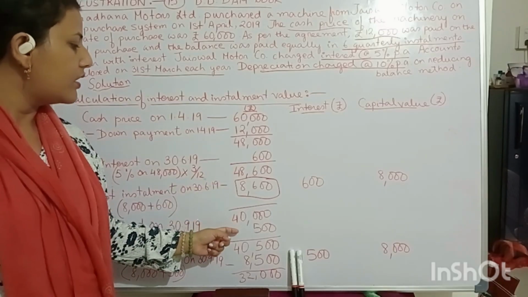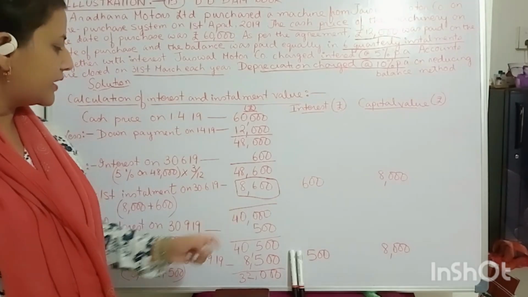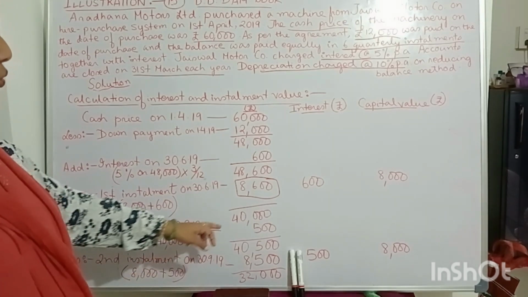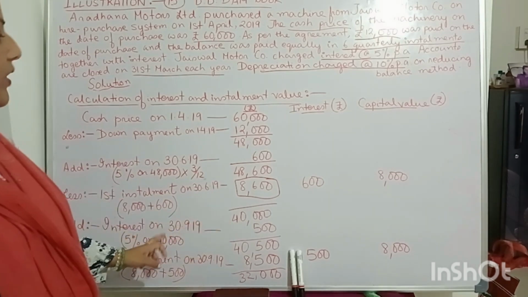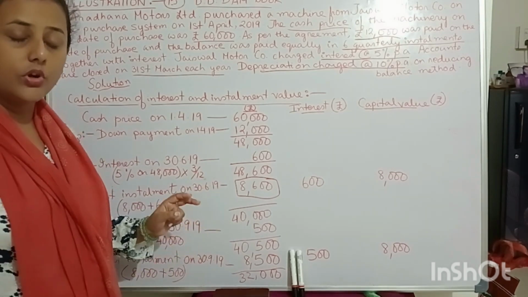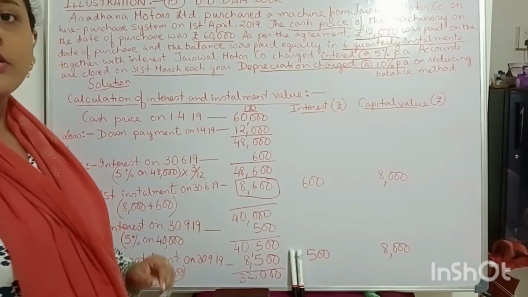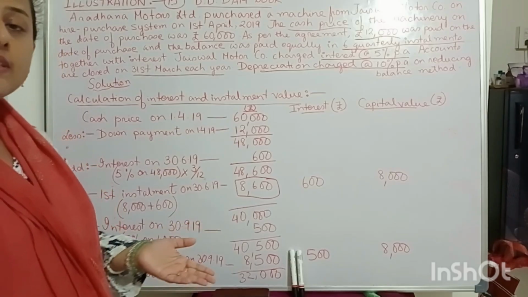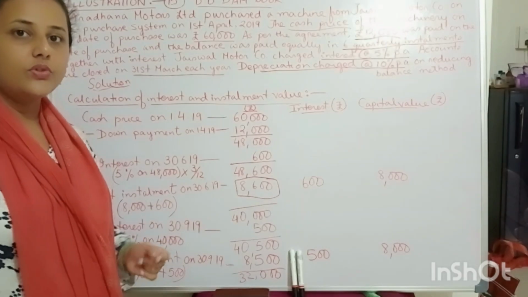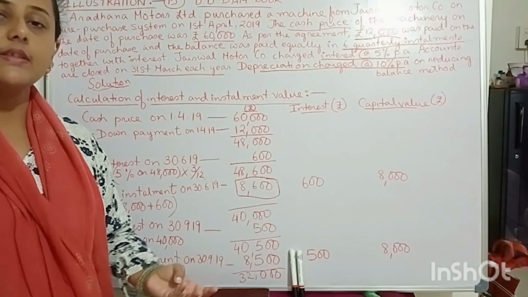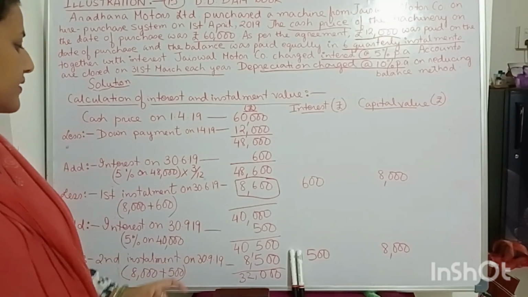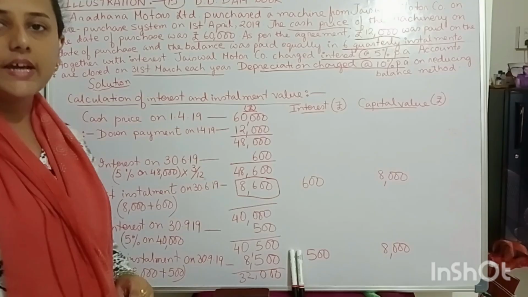So what is the balance left over? 40,000. Now with this, again after 3 months, that is the end of the second quarter. So June, then July, August, September. It is 30/9/2019.